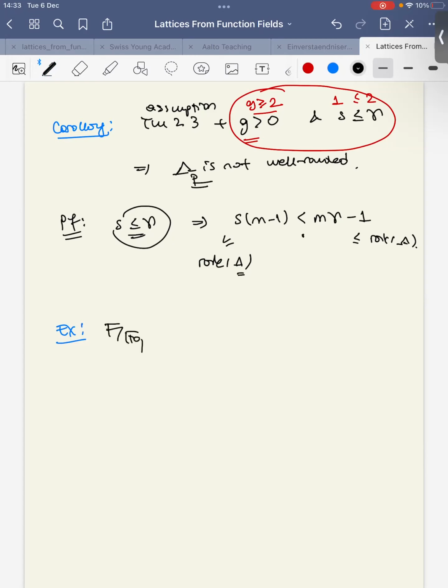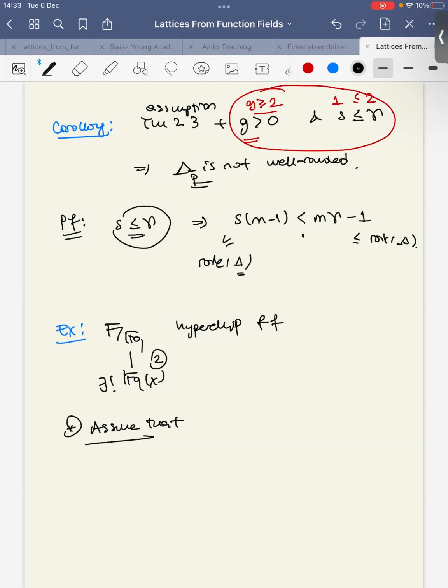So as a summary, we can state that if we have a hyperelliptic function field, where Q(x) is the unique rational subfield and the extension degree is 2, so that means we need to work with such hyperelliptic function fields.